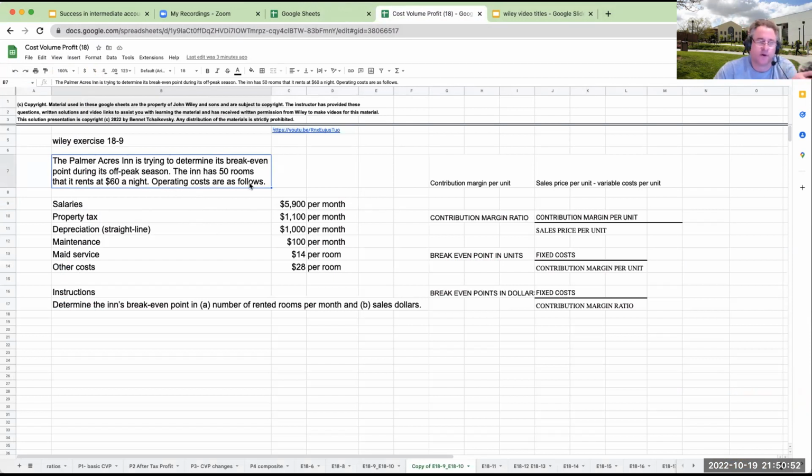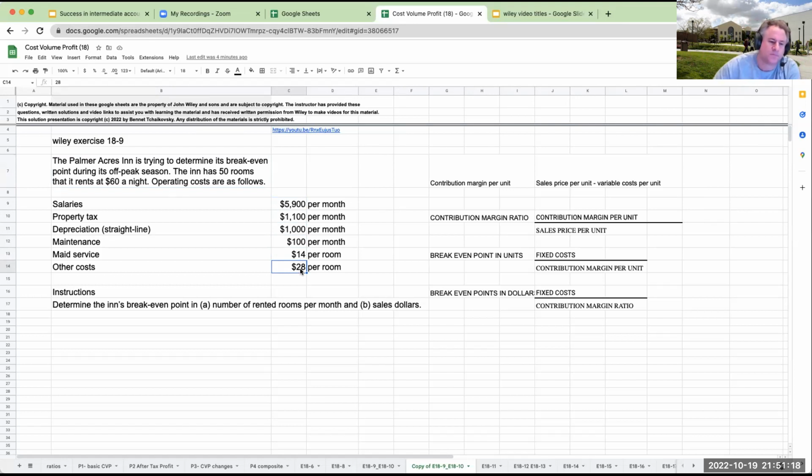Operating costs are as follows: salaries, property tax, depreciation, maintenance, maid service, and other costs. When you see the term per month, you know that is going to be a fixed cost. If you're seeing per room, that basically means it's going to be tied into the room costs.